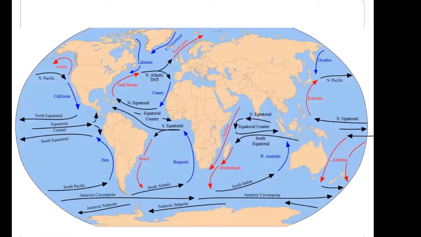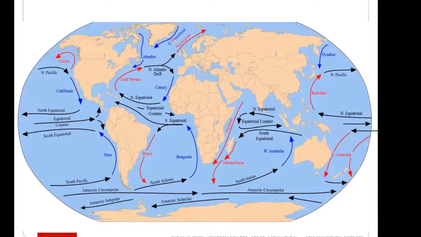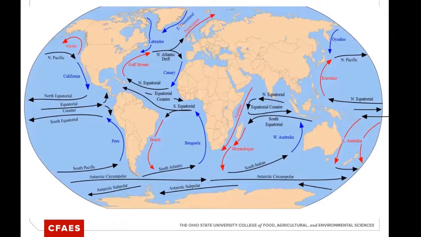Now, here's our current configuration of continents. And as you can see, you look and you see exactly what I told you about. If you take a look at North America, look at the United States, Canada, Alaska, that's just a huge barrier to the warm waters.